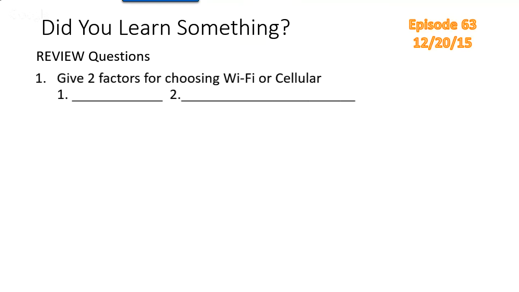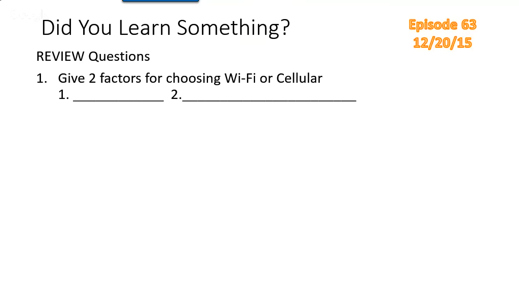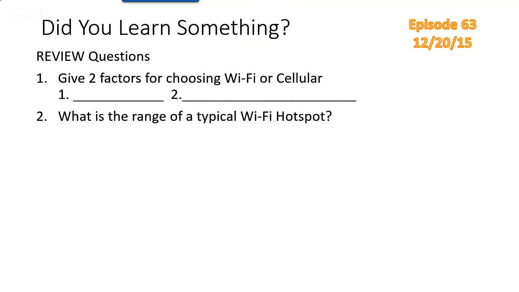It's time. Did you learn something? Give two factors for choosing Wi-Fi or cellular. The two main factors are cost and availability. If Wi-Fi is available and cellular isn't, there's your choice. Perfect. And what's the range of a typical Wi-Fi hotspot?